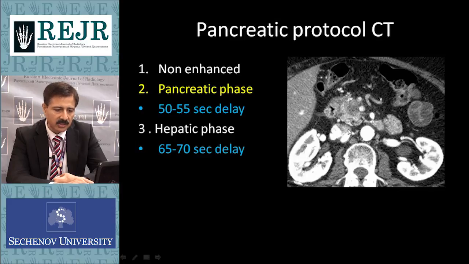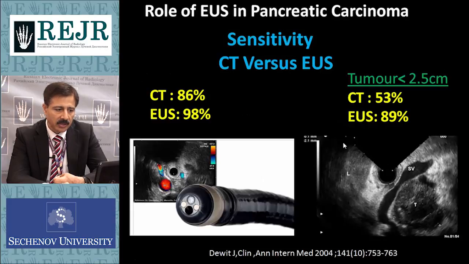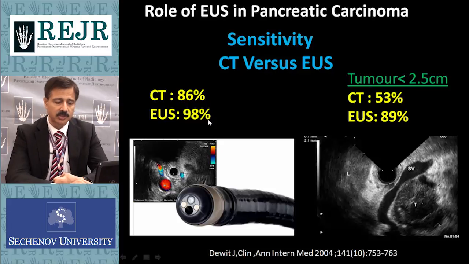Having said that, CT is not considered the gold standard here, and EUS is the best modality to pick up a small tumor. For the sensitivity of CT versus EUS, you can see that generally speaking CT is 86% while EUS is 98%. But this difference becomes more marked if the tumor is small.